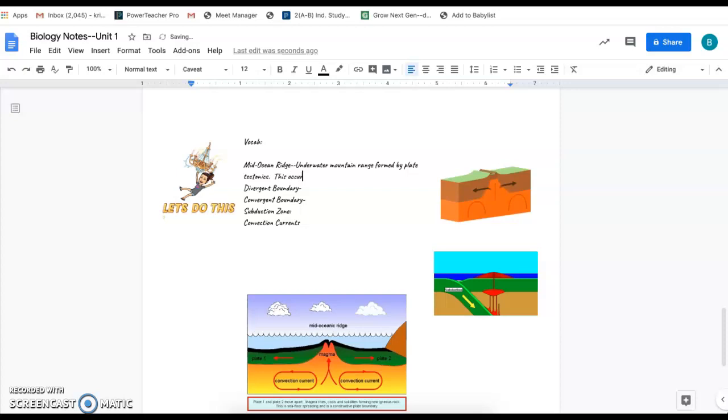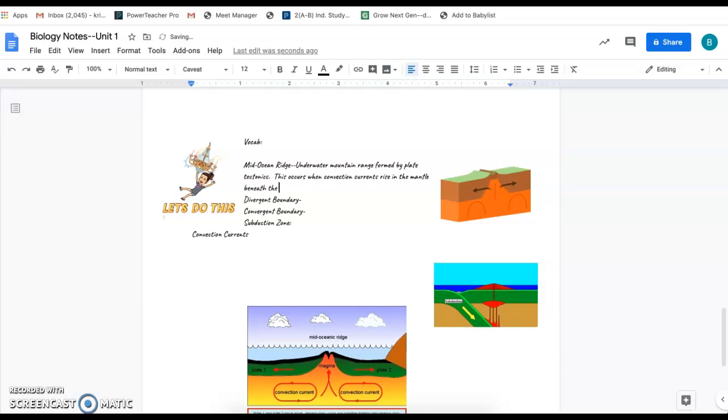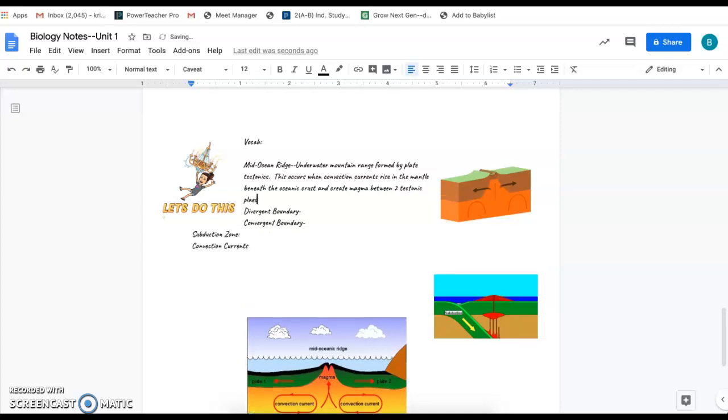This occurs when convection currents rise in the mantle beneath the oceanic crust and create magma between two tectonic plates at a divergent boundary. So what does this mean?